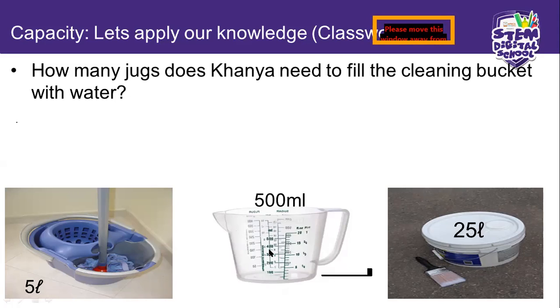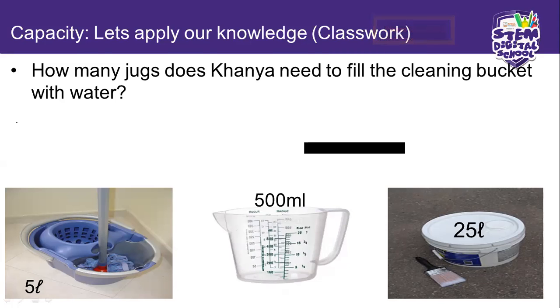Okay, so for us to get how many 500s we have there, I'll show you another way that you can do it. 500 plus 500, that's our first liter, plus 500 plus 500, second liter, plus 500 plus 500, that's our third liter, plus 500 plus another 500, that's our fourth liter, plus 500 plus 500, it gives us 5 liters.